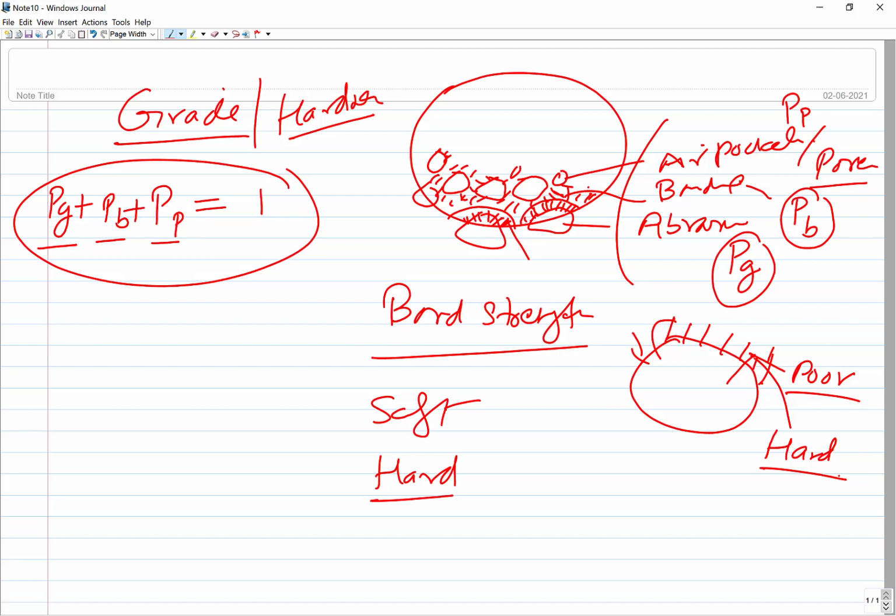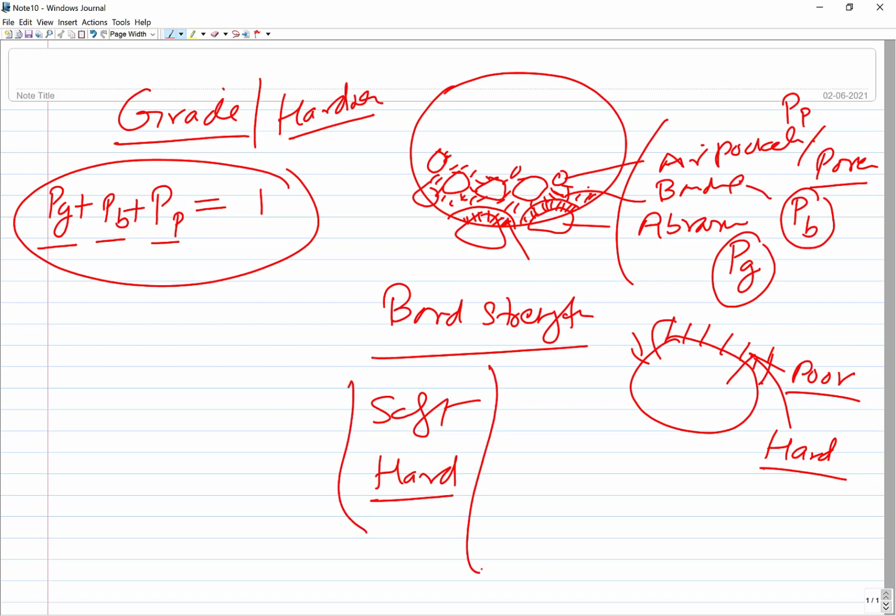So in case of the hard grade wheel, the abrasive will not be broken or get dislodged easily. It may get fractured, it may get rounded off, but it will not be removed easily.